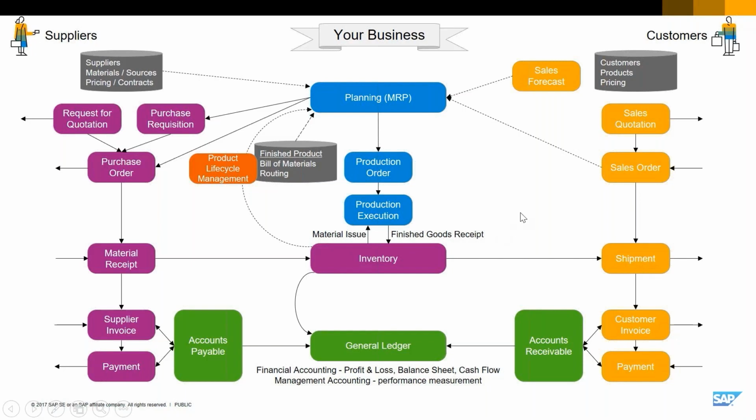You are selling them and receiving the money from the customer. You are purchasing goods and making payment to the vendor. Your inventory is increased, you are issuing inventory to the production area, and from there you are receiving finished goods, selling them to the customers, and receiving the payment from the customers. In all this process the data is continuously flowing, using accounts payable and accounts receivable, into the general ledger accounting area.